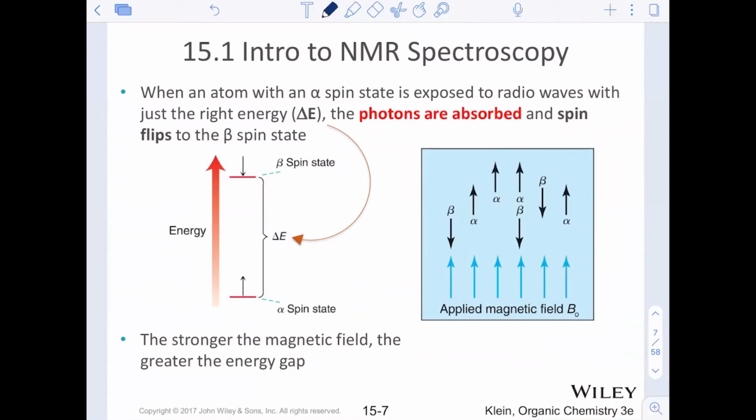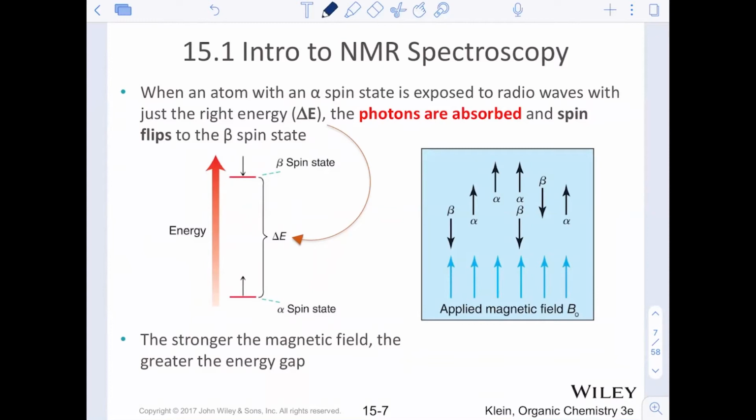The stronger the magnetic field, the greater the gap will be. And so we'll get a better change in energy here. So the stronger the magnetic field typically aligns with something that is more sensitive of an NMR, right? So we're taking a magnet, we're going to apply that magnetic field to our compound. The nuclei will align either with or against that magnetic field and create an alpha and a beta spin state.